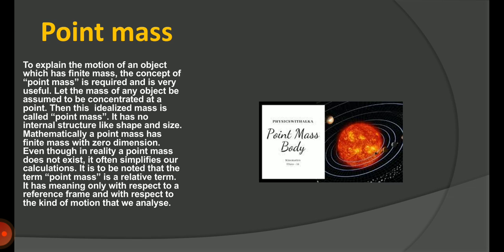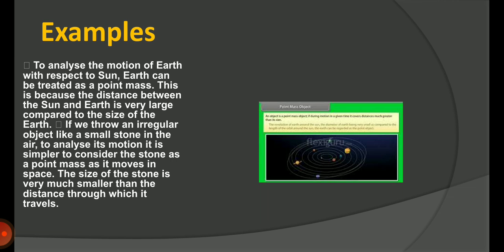It is to be noted that the term point mass is a relative term. It has meaning only with respect to the frame of reference and with respect to the kind of motion that we analyze. Examples. To analyze the motion of the earth with respect to the sun, the earth can be treated as a point mass.